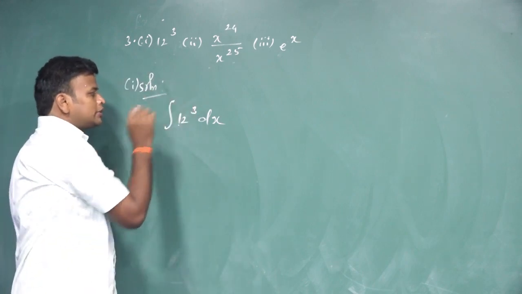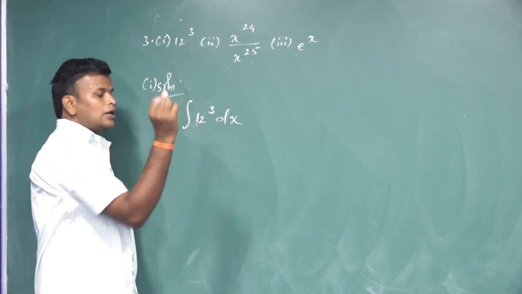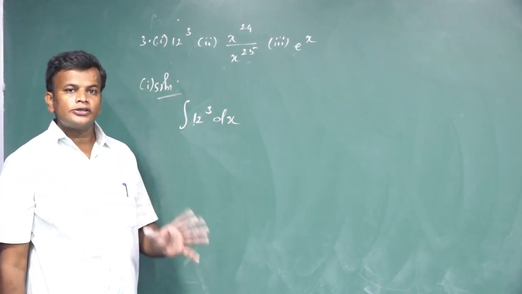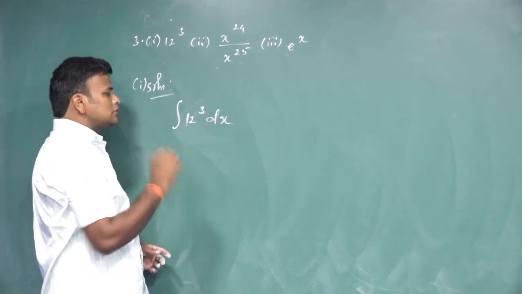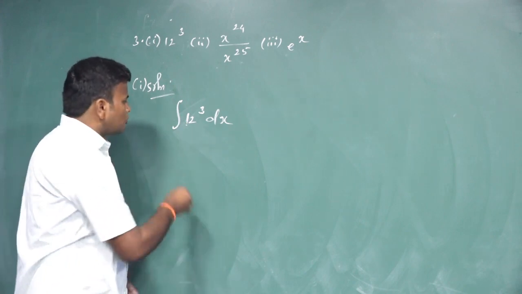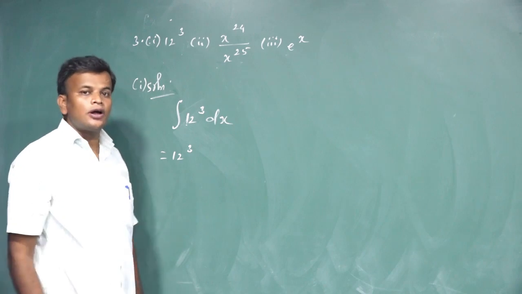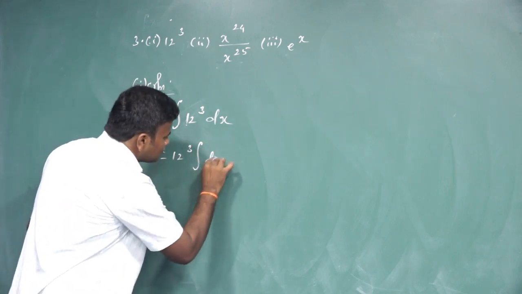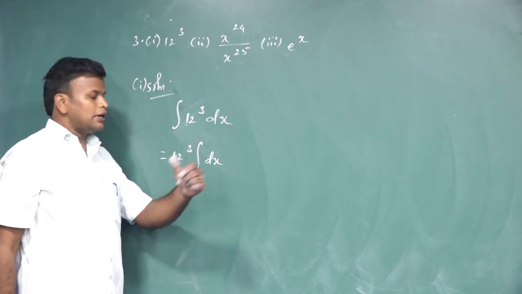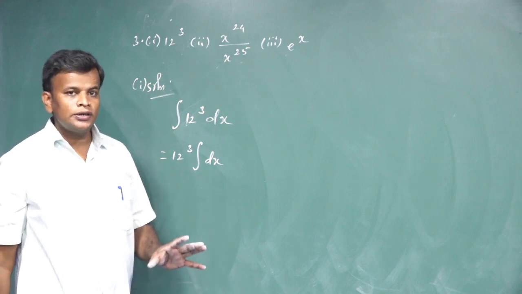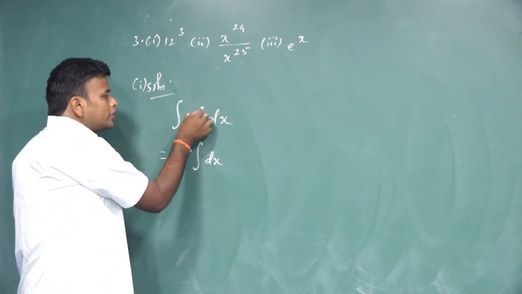Now 12 power 3, where the power is a constant and the base is also a constant. Suppose a constant is multiplied with a variable, the first step is to take the constant outside the integration. So 12 cube into integrating of dx.